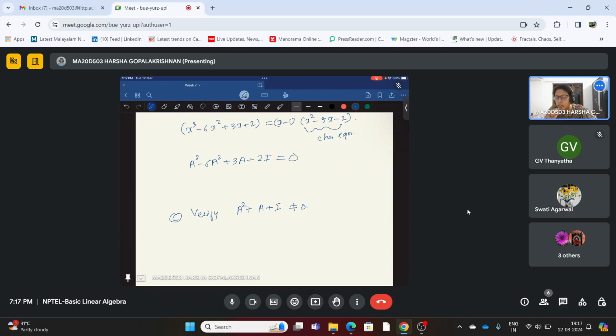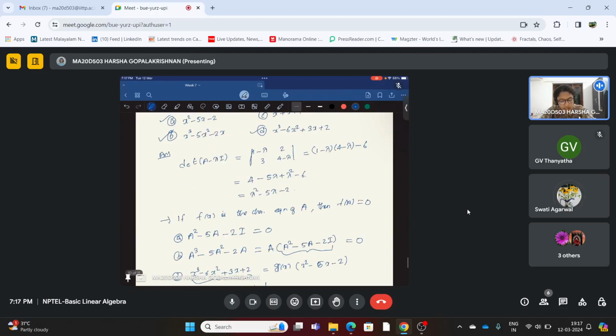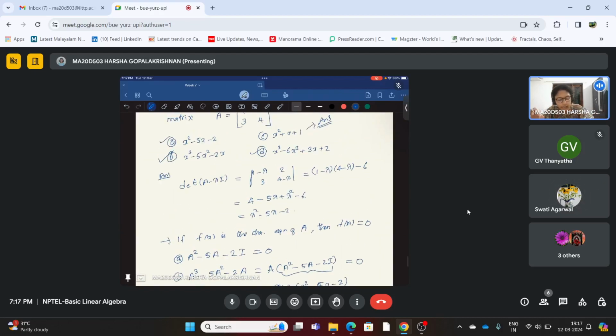I cannot say in general that the full characteristic equation must be a factor of the given one. Actually, there is a smaller term called the minimal polynomial. The minimal polynomial is a factor of the characteristic equation.